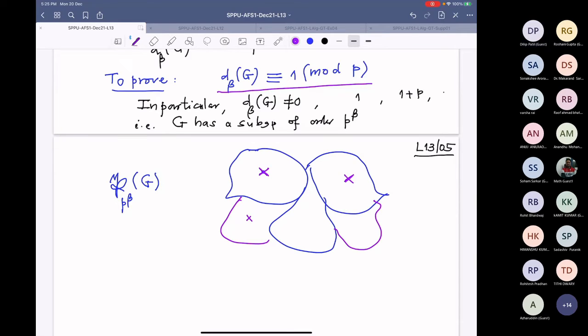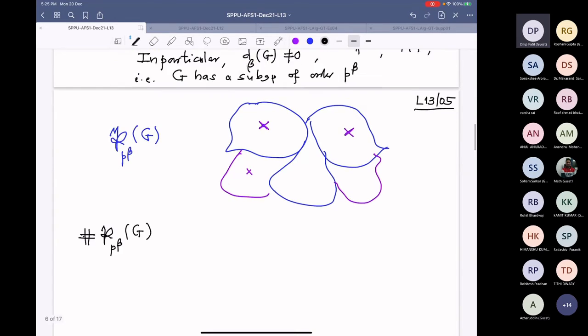Alright, so this is the set I have broken into pieces, into the orbits. So what is the cardinality of this set first of all? I am writing a class equation for this group action. So that is the cardinality of this set, the cardinality of P power beta of G. Can you tell me the cardinality of this?